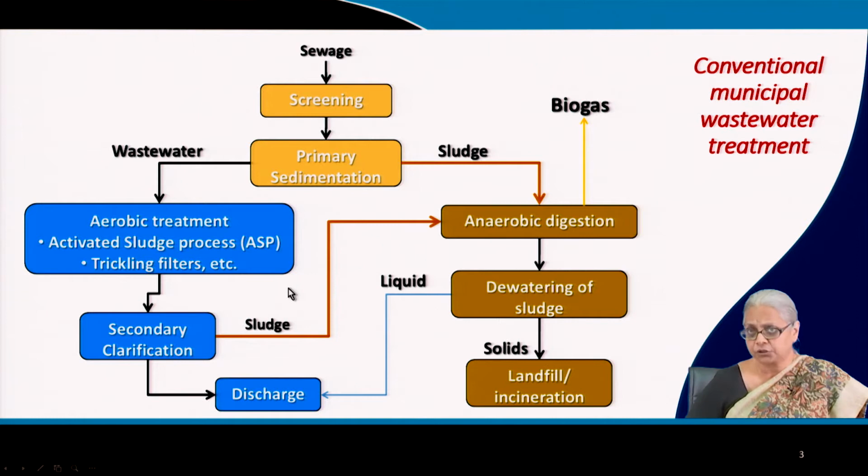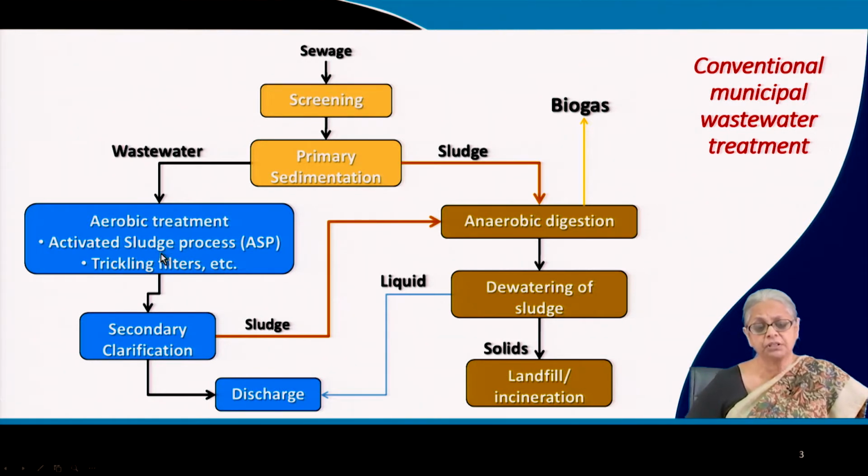These are attached growth processes, and even though they may be better in terms of their efficiency, they are not preferred because there are many practical problems associated with running these processes. So the most popular treatment process to this day is the activated sludge process, and I will show you more details about that in the subsequent slides.